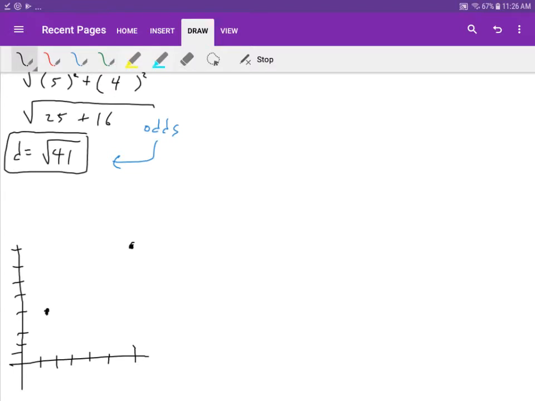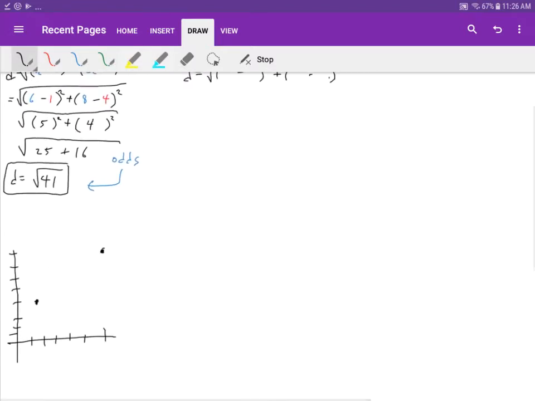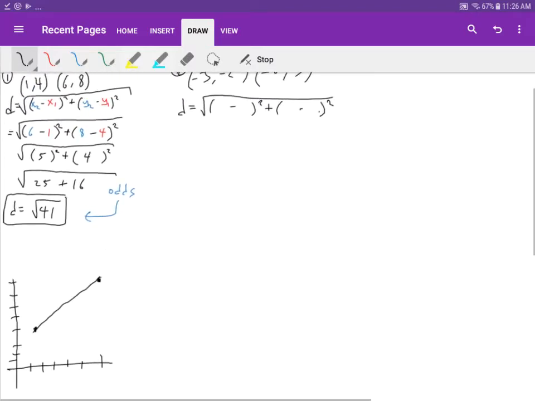Here's what's happening. What we did is we found this distance right here between these 2 points. Let me zoom in so you see everything. On the x values, you go from here to here.